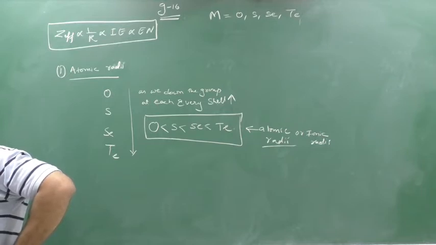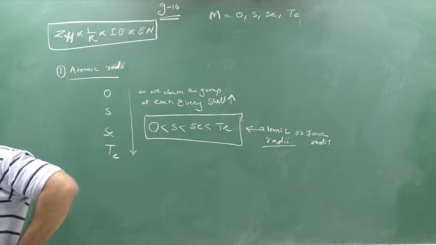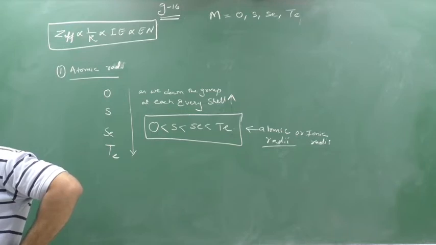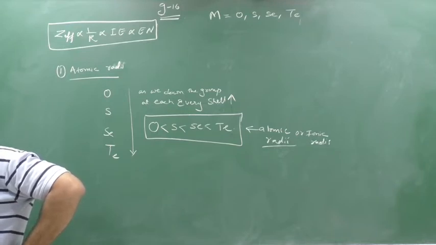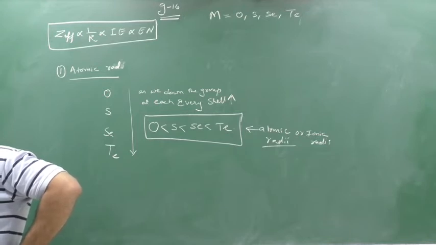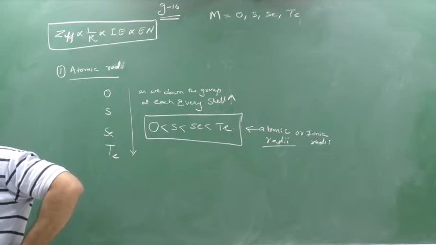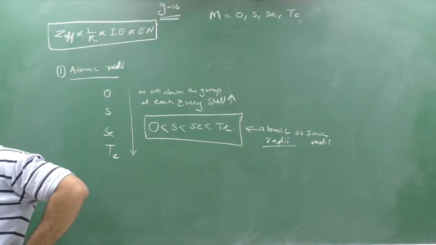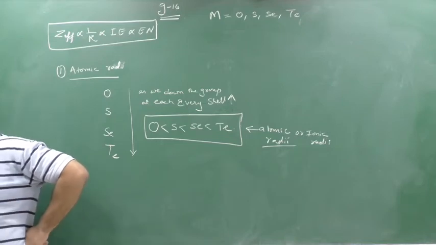While moving from sulfur to polonium, you will observe there is an increase in value, but the increase is not so much. But when you go from oxygen to sulfur, the increase is very high. Means the oxygen value is very, very low.